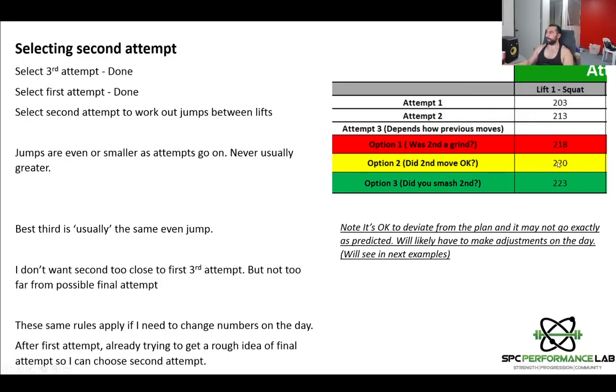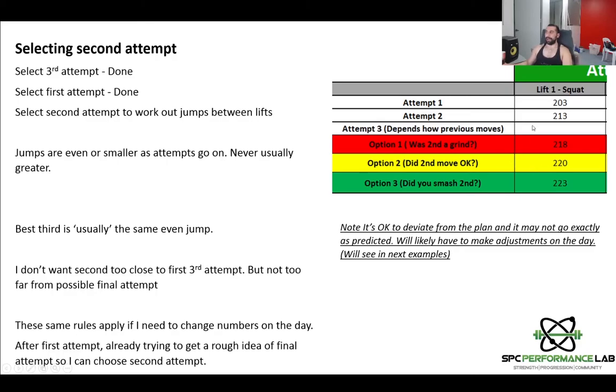Or on the worst day, we're going to have a 5 kilo increase between the second attempt and that one. So with the second attempt, I just play around with different numbers. I'll have this table, and when I was making this, I was playing around with 215, 214, 213, just seeing what jumps will make sense between first, second and third. All right.